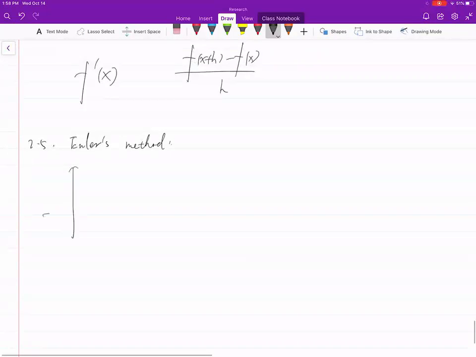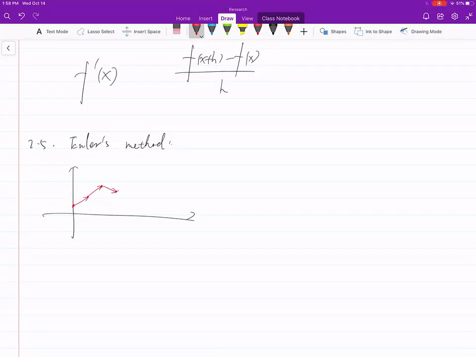Before, for Euler's method, we first have the vector field, and then we start from here. We go this much, calculate the vector field again. We go this much, calculate it. Okay. In this way, we trace the whole thing, the trajectory of the whole thing in the ty plane.